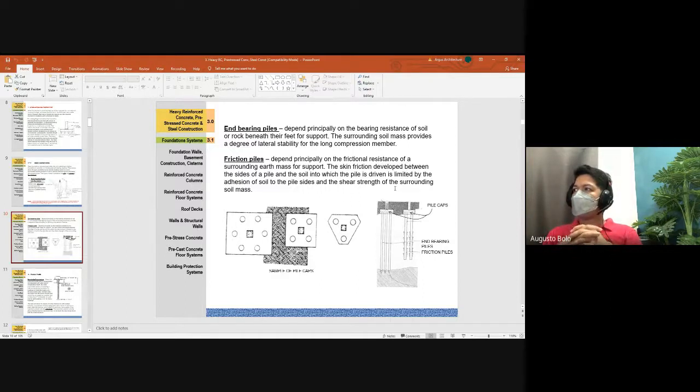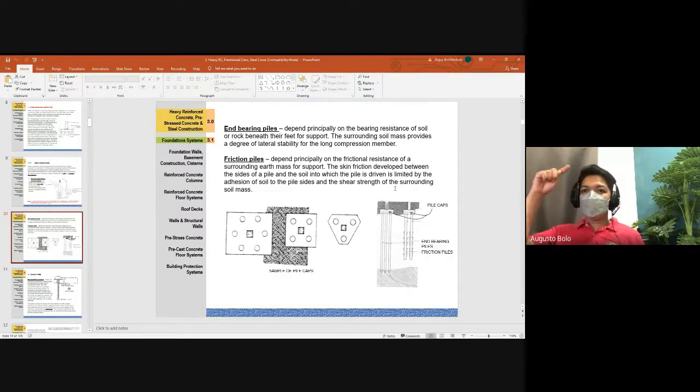So it is made of pile caps and friction piles. It depends on the site. You need to identify, in the vernacular term I use, the hard layer, like when you dig and once you identify it is hard, this is already okay. That is the stratum of the soil.